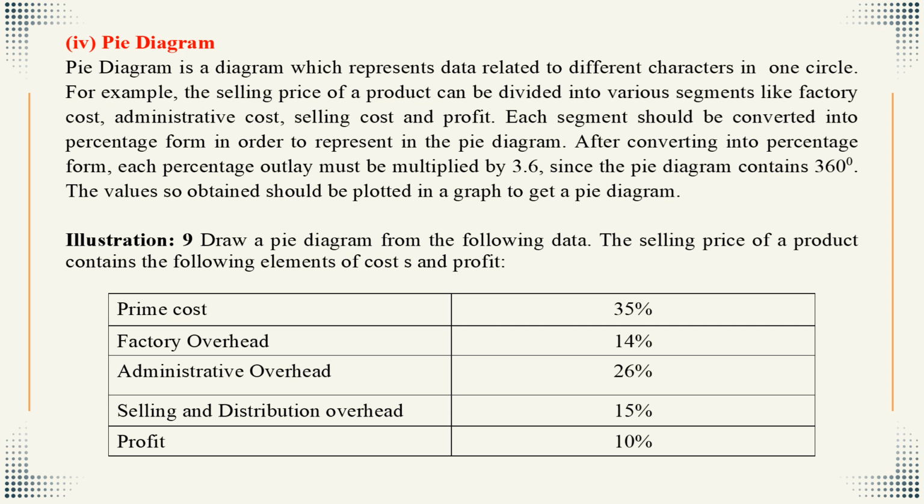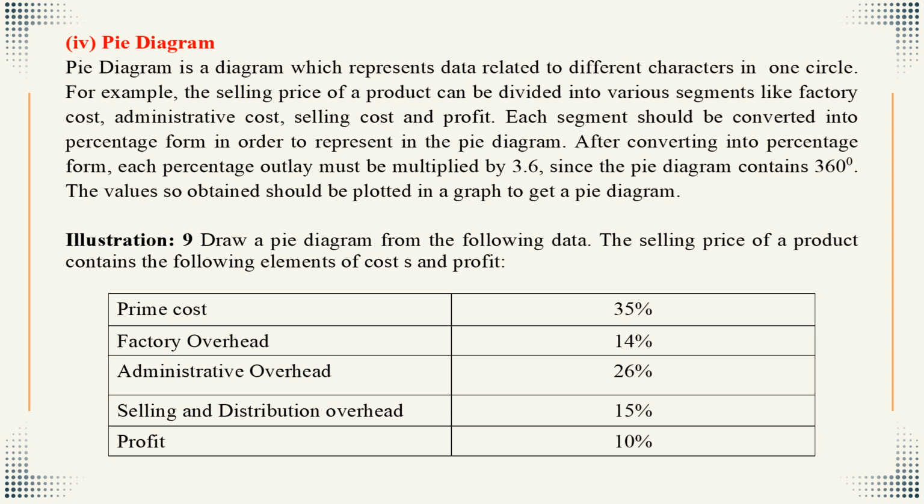Each segment should be converted into percentage form in order to represent it in the pie diagram. After converting into percentage form, each percentage outlay must be multiplied by 3.6, since a pie diagram contains 360 degrees. The values so obtained should be plotted in a graph to get a pie diagram.